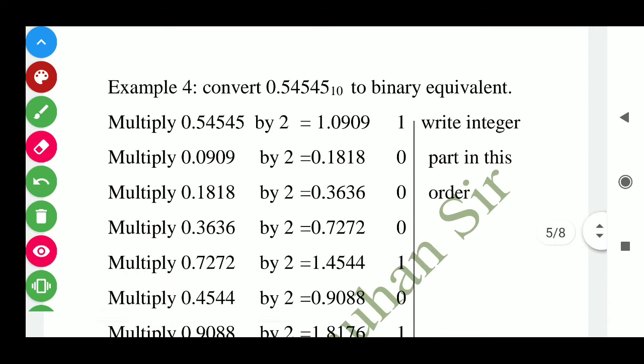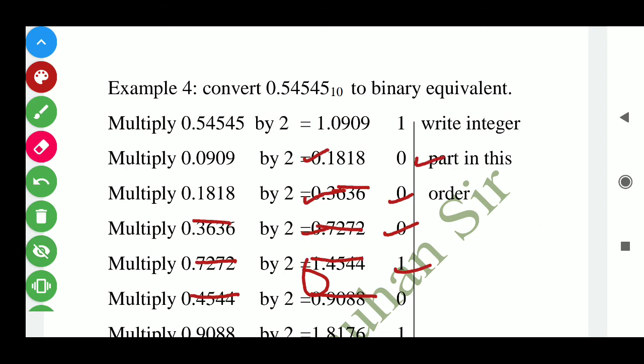Then again multiply 7272 by 2, you will get 1.4544, write this integer part here, this 1.